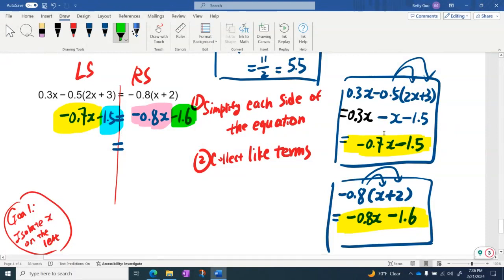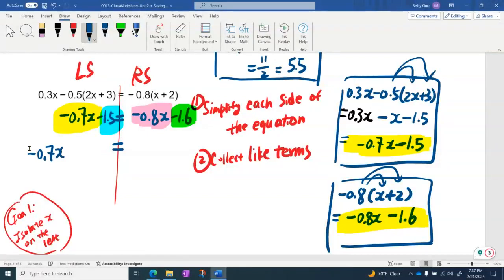I want to collect the blue and the green together on the right. Please don't forget to change the sign. Okay, so we have a negative 0.7x, the yellow stays on the left side. Pink is moved over. So negative becomes positive.